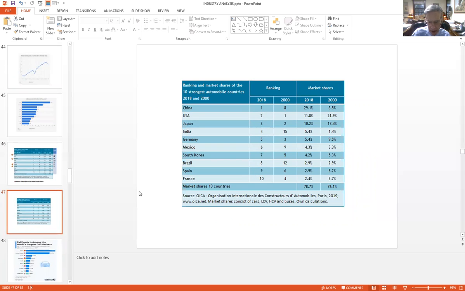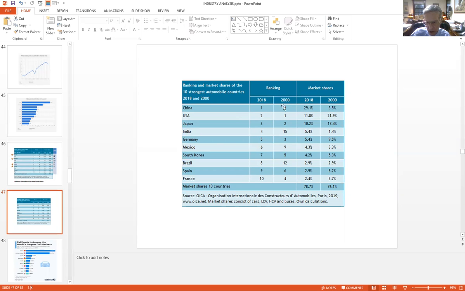Here we have, in fact, market shares for countries between 2000 and 2018. And lo and behold, you can see that whereas in 2000, China was the 8th largest producer of cars in the world with only 3.5%.